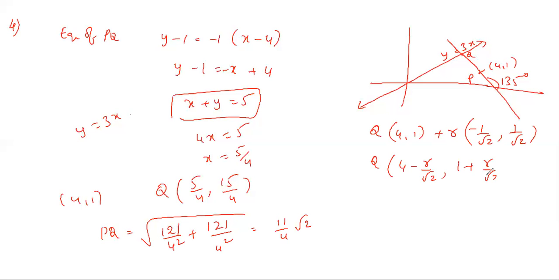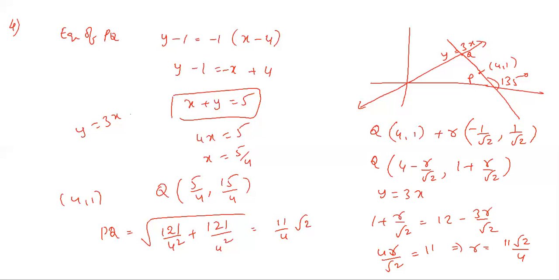But this point Q lies on y equal to 3x. So 1 plus r by root 2 equals 12 minus 3r by root 2. So 4r by root 2 equals 12 minus 1, which is 11. What is our r value? 11 root 2 by 4. Same answer.